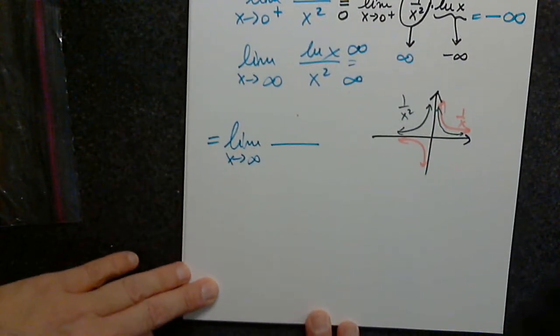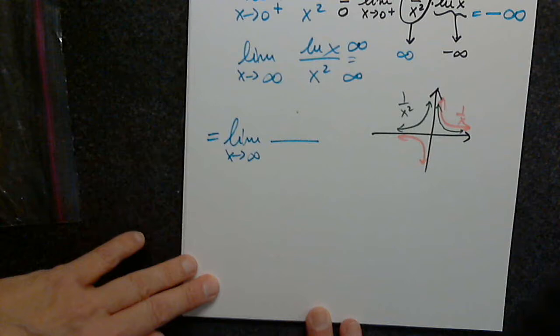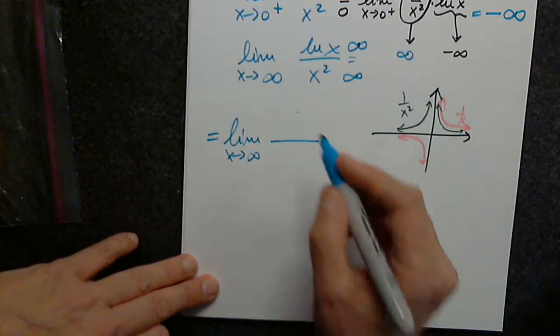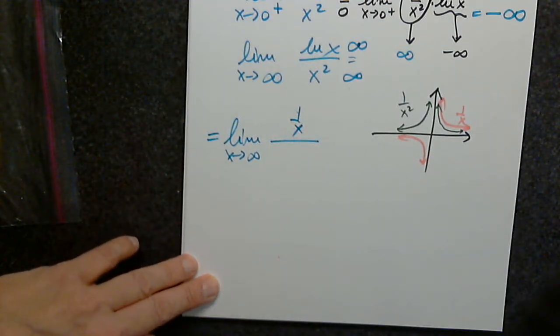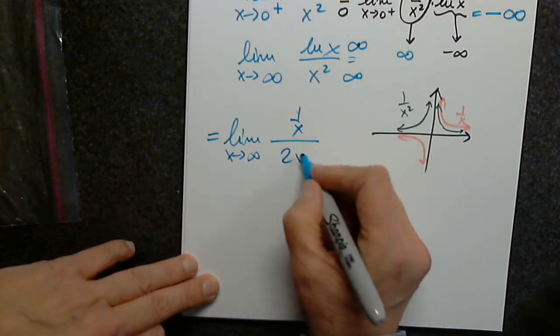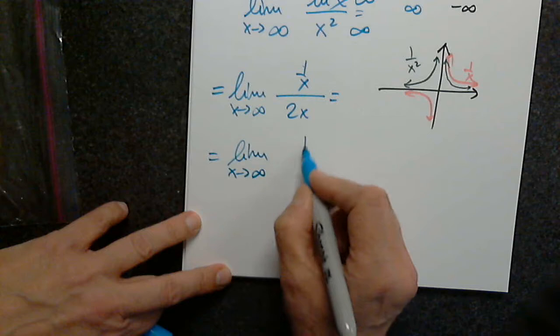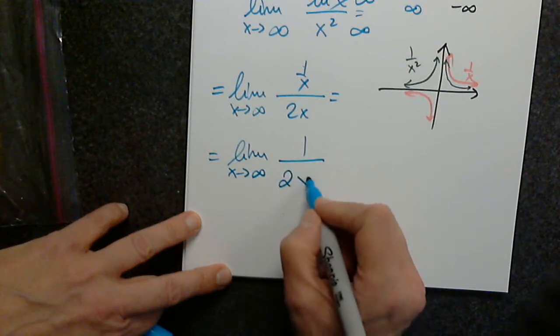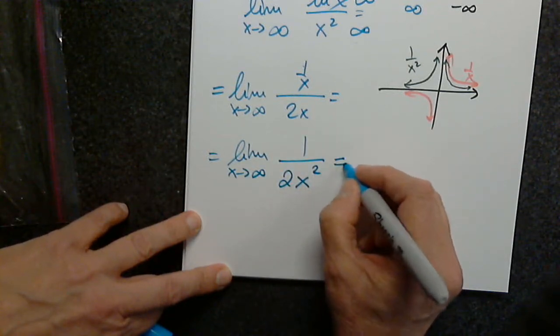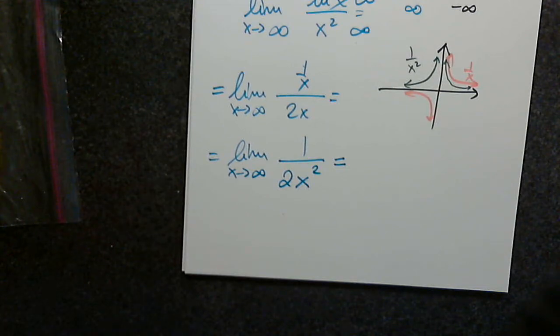The derivative of the top. The derivative of the denominator. Excellent. So then this becomes limit as x approaches infinity of 1 over 2x squared. And now you know the answer. You cannot apply L'Hopital's rule anymore because it's not 0 over 0 or infinity over infinity.